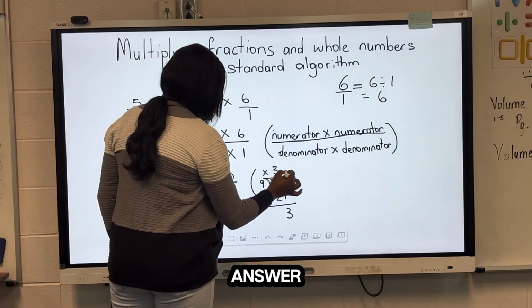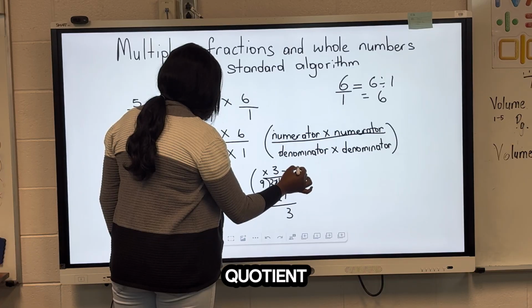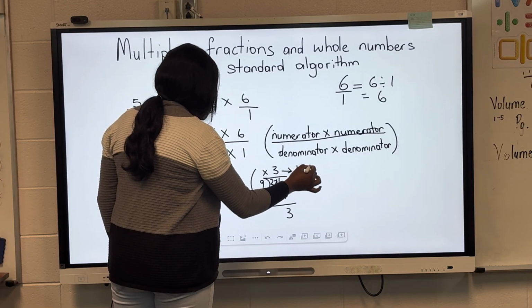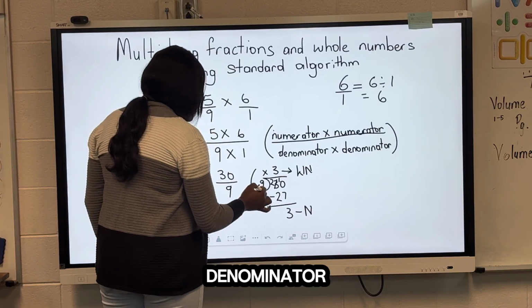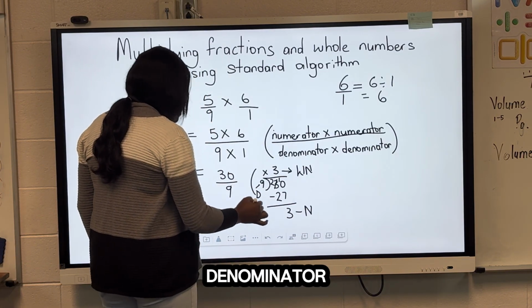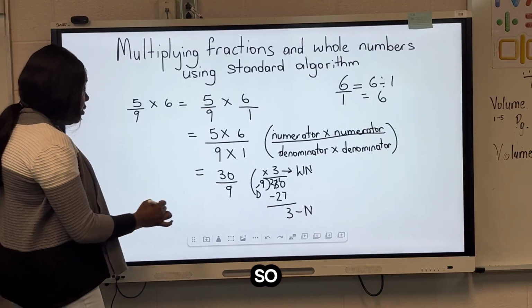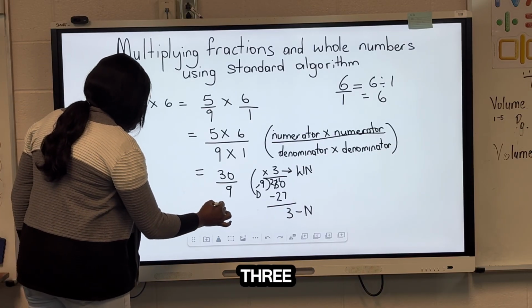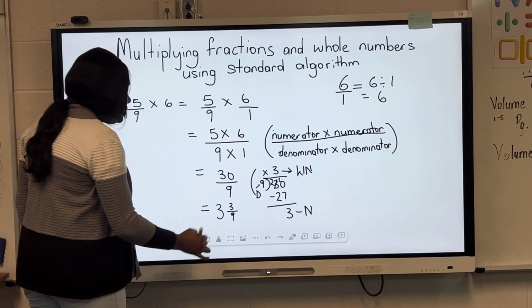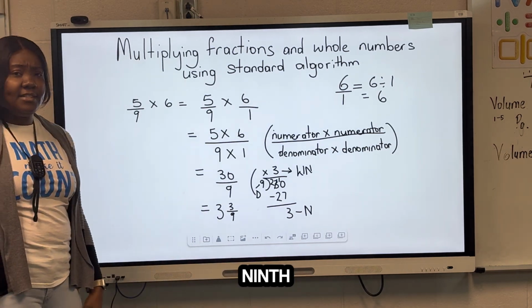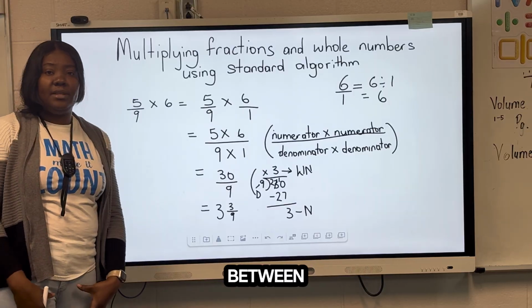Remember, the answer at the top, which is your quotient, is our whole number. The remainder is our numerator and the denominator is the denominator. So our answer would be 3 wholes and 3/9. Is there anything similar between 3 and 9?